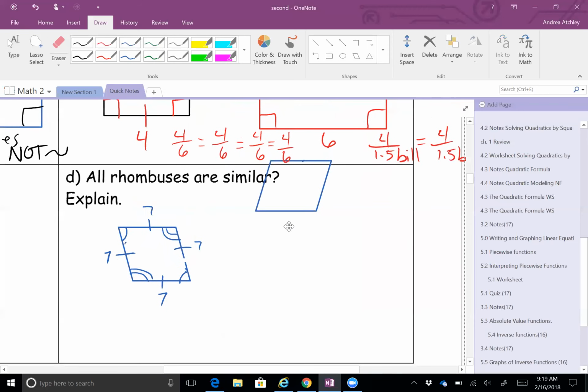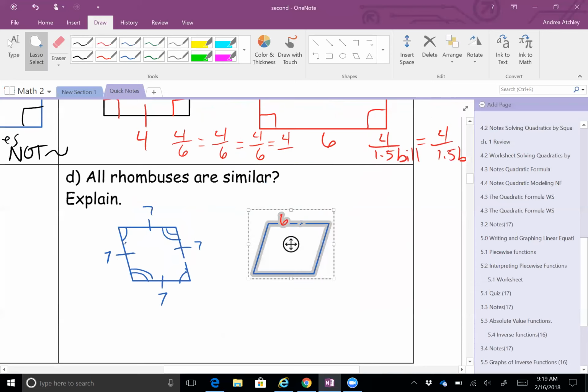Here we go. I don't like that picture. I'm going to draw a different picture.